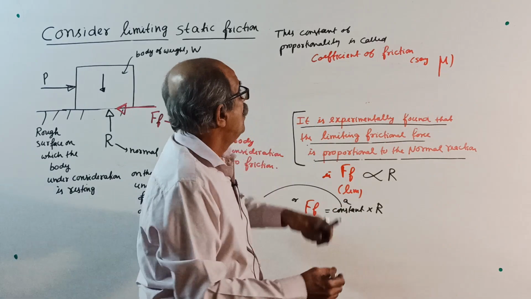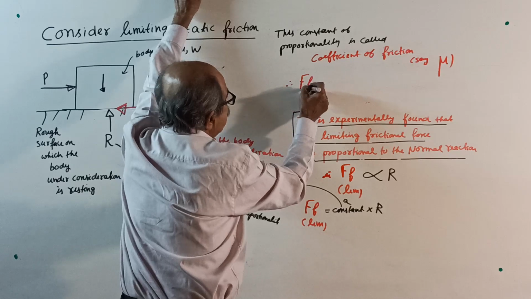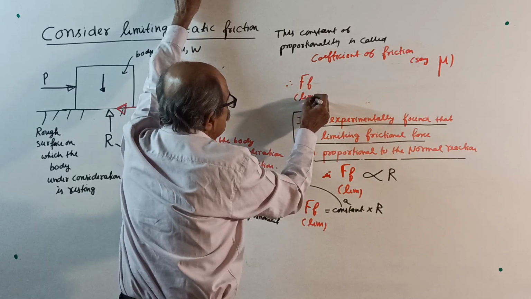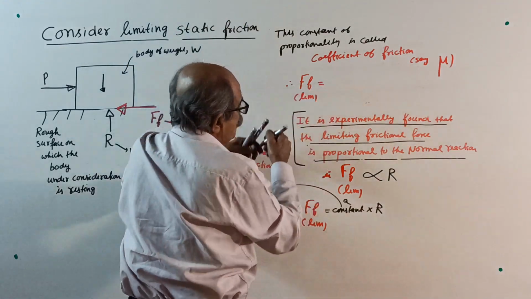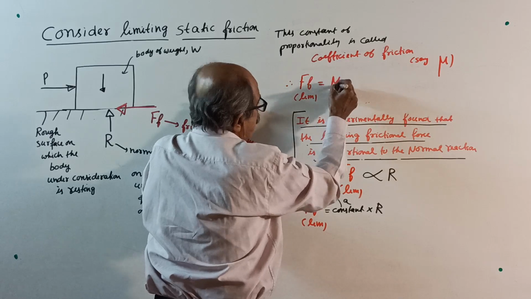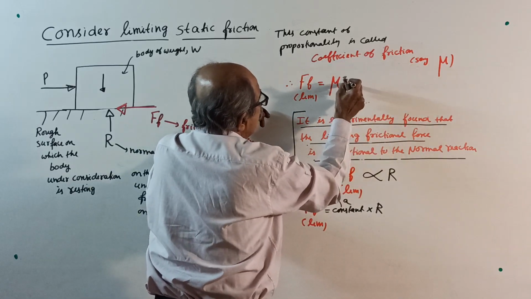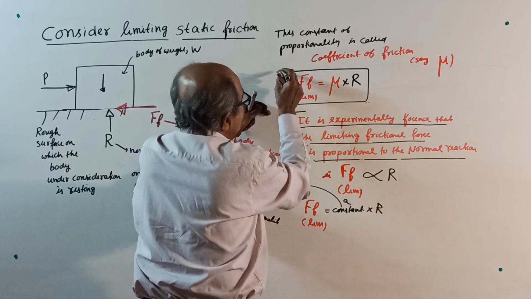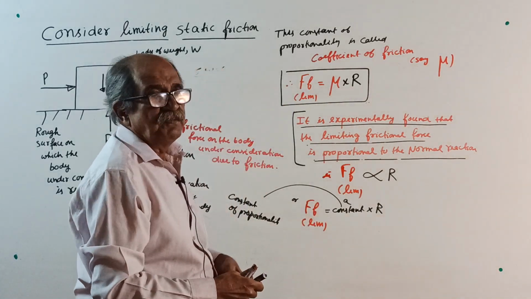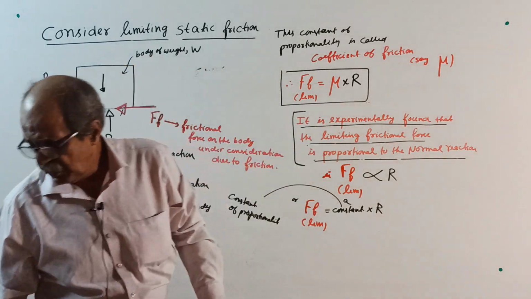Therefore, frictional force Ff limit is equal to mu, the coefficient of friction, into normal reaction R. This I told yesterday, you have to believe me. Remember, this is Ff limit equal to mu into R.